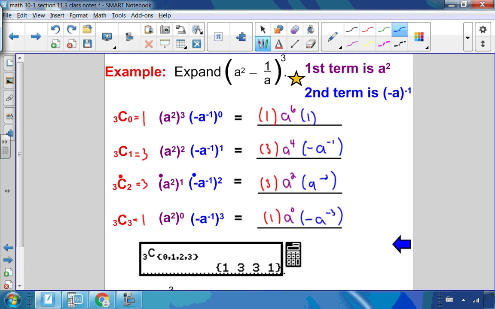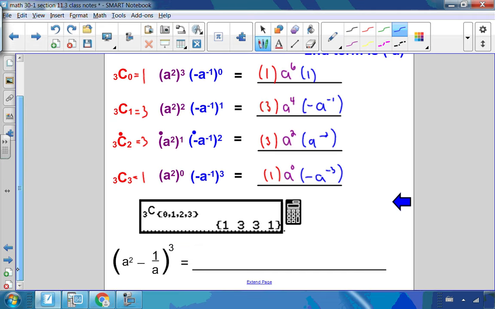Okay, so we're going to multiply those together and write the result. 1 times 1 is 1, so I have a exponent 6. Take away, because that's a negative, 3. And then this here is product law. So 4 take away 1 is 3, a cubed. And then I have plus 3. And then a to the 2 take away 2 is 0.